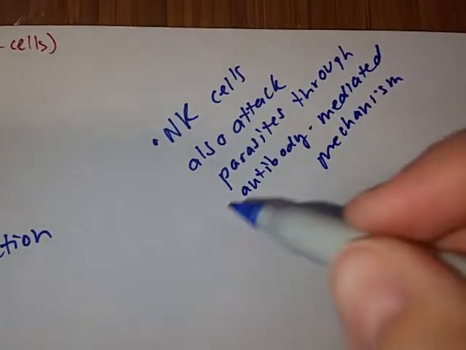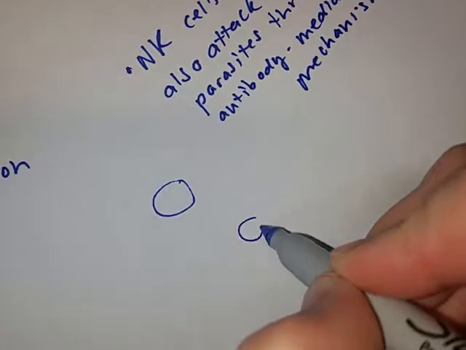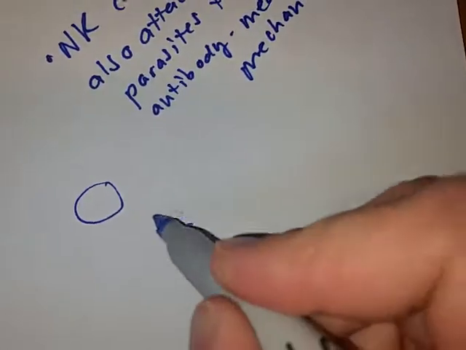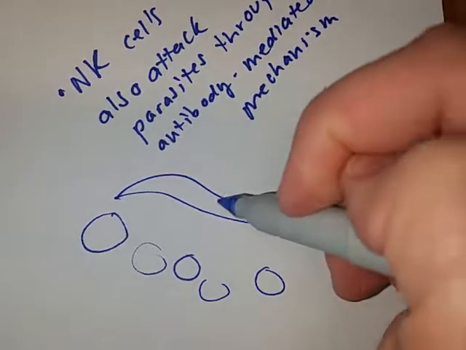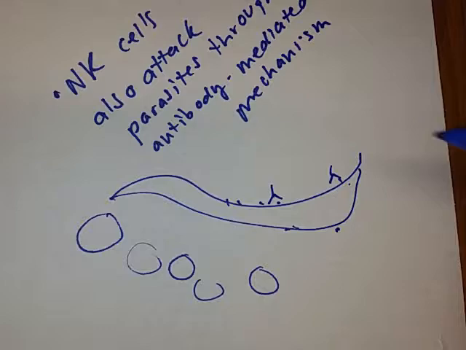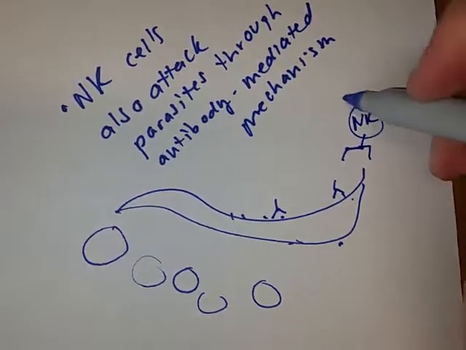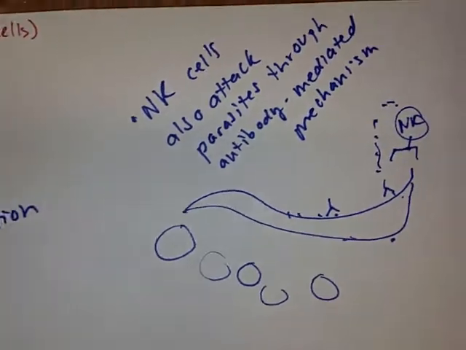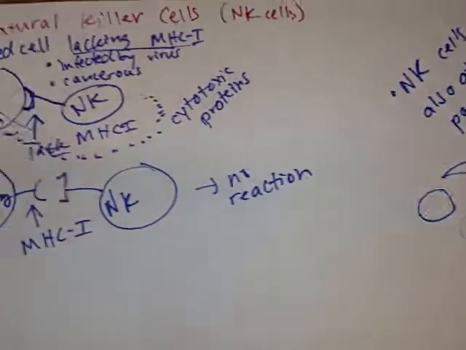We'll see later when we talk about this, but what can happen is, if we have little small cells like this in our body, what if we get a big parasite? You can get antibodies that bind to this parasite, and that's going to signal your natural killer cell to shoot a whole bunch of those little cytotoxic proteins at it to kill it off.